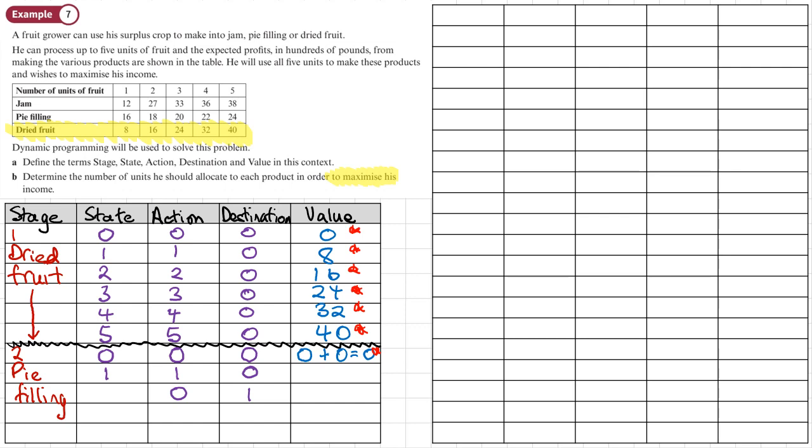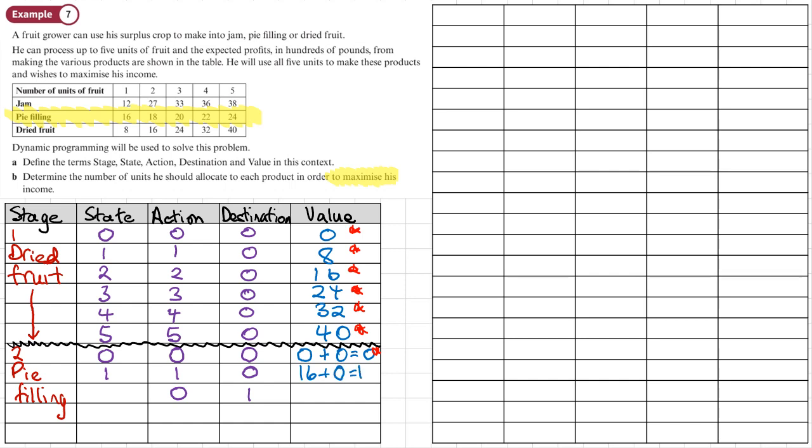And for this, we will need the middle row of the table, the pie filling row. So we've got the profits there for different units being used. So here we're using 1 pie filling unit. So that would be a profit of 16. If I've been saying cost, I mean profit. So it's a profit of 16. Plus, if I'm passing on 0 to the next stage, that would be here. Then that would be a value of 0.